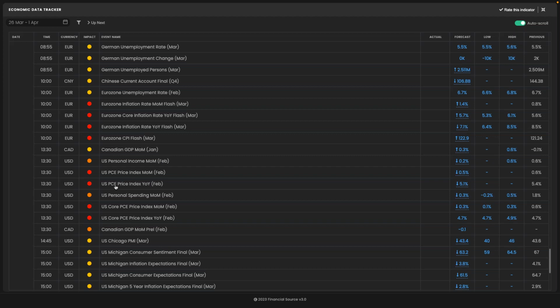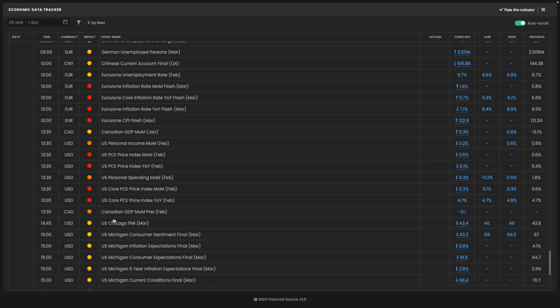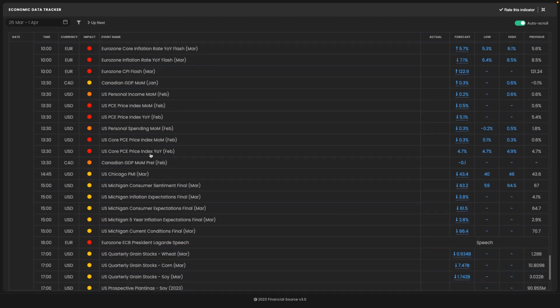And the first figure includes all the categories. Now, the second figure, the core PCE print, excludes the inputs of food and energy. So as a result, the core tends to be a better indication of where inflation is because it excludes the fluctuations of food and energy prices.